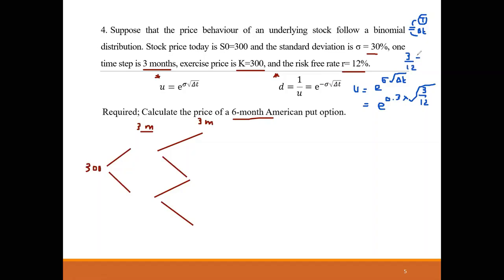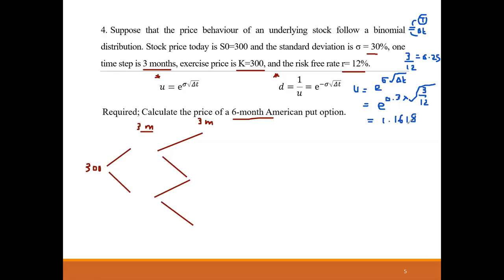So 0.3 multiplied by the square root of 3 over 12 will give you, how much is the value of U? This should give you an answer of 1.1618.